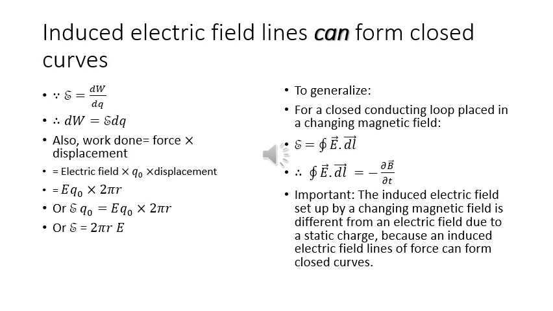To generalize, for a closed conducting loop placed in a changing magnetic field, curly E is equal to closed integral E dot dl, which is equal to minus del B by del t. It is important to remember that the induced electric field set up by a changing magnetic field is different from an electric field due to a static charge, because in an induced electric field, lines of force can form closed curves.